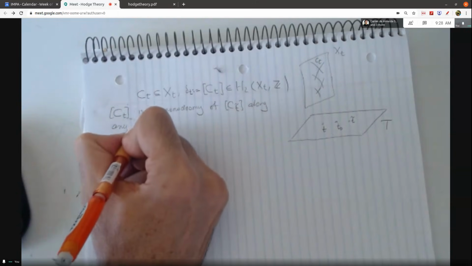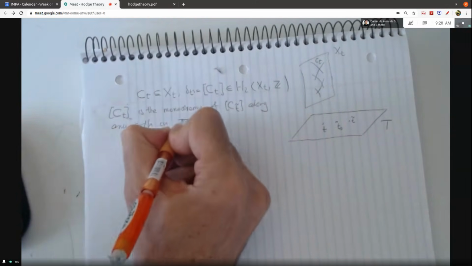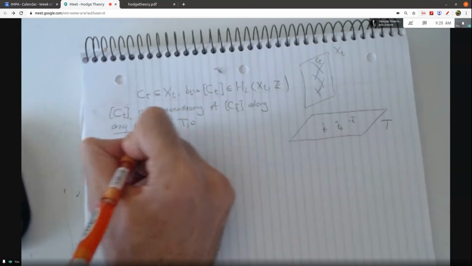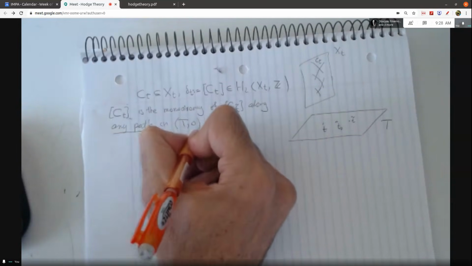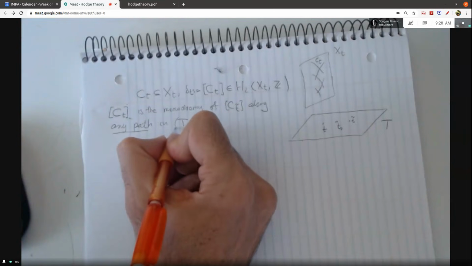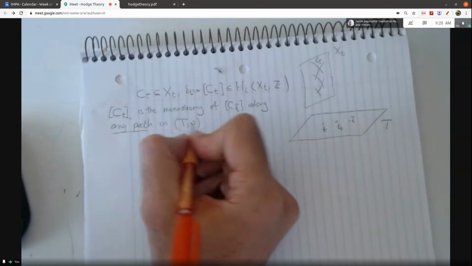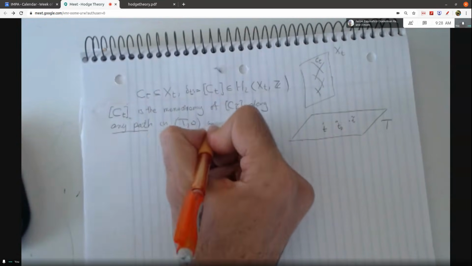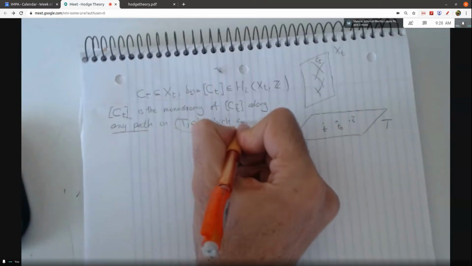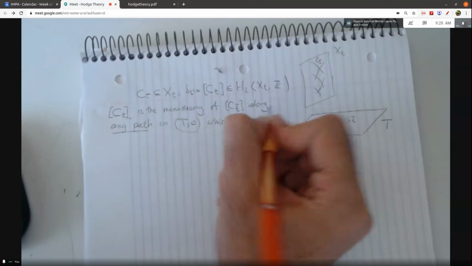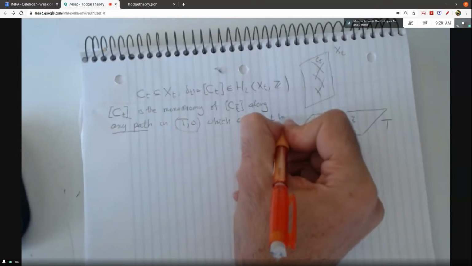any path in T. And for this I need that I have here the usual topology, which connects T to T tilde.